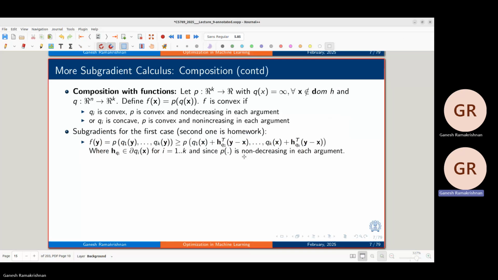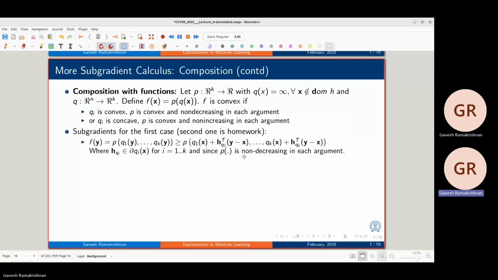If I now just slap this inequality everywhere, I get P of Q1y, Q2y, and so on up to QKy is greater than or equal to, why? Because each argument is greater than or equal to the other argument.